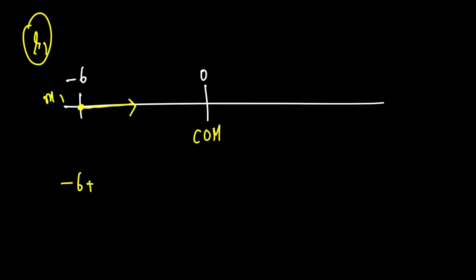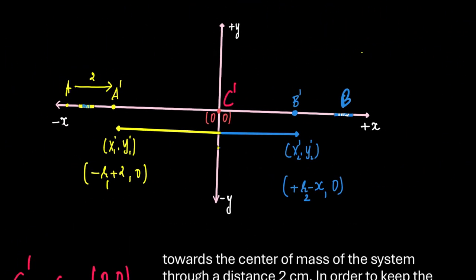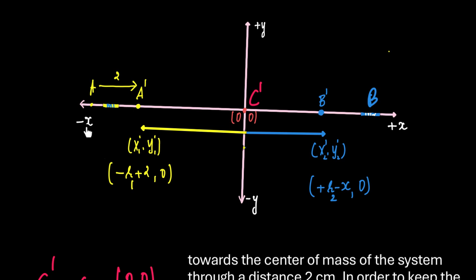It will be minus 6 plus 2, which is equal to minus 4, right? So this new coordinate is basically minus 6 plus 2. And if this location is not specified, that becomes minus r plus 2, or minus r1 plus 2, right? So similarly, the earlier position was minus r1. Since it has moved 2 units towards the center of mass, that becomes minus r1 plus 2.